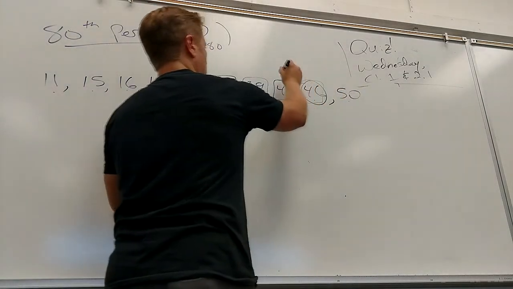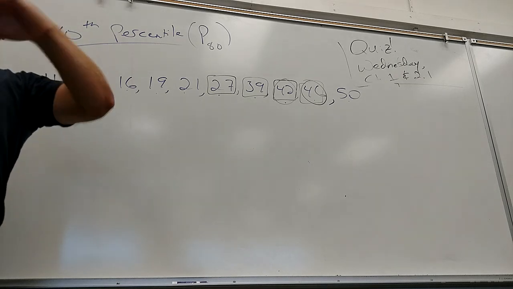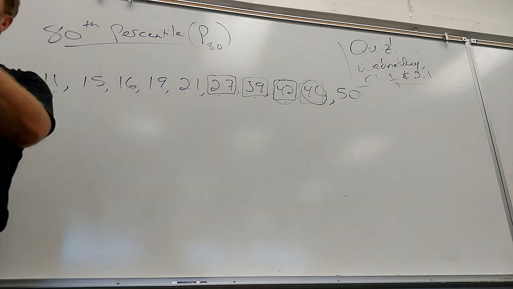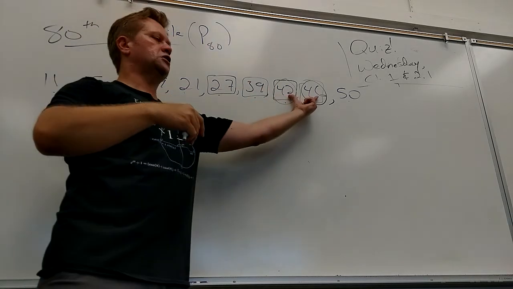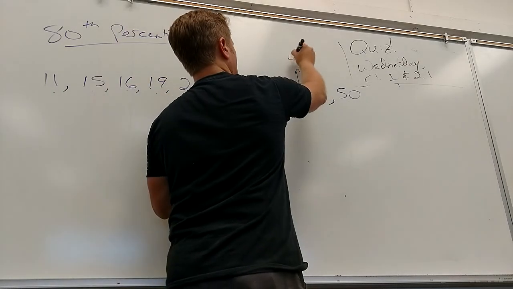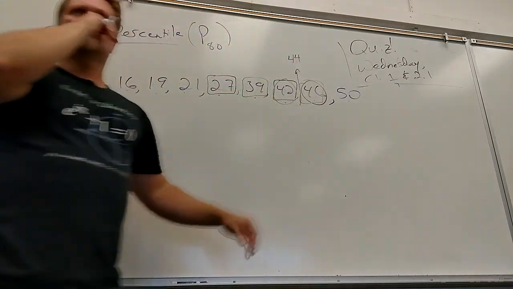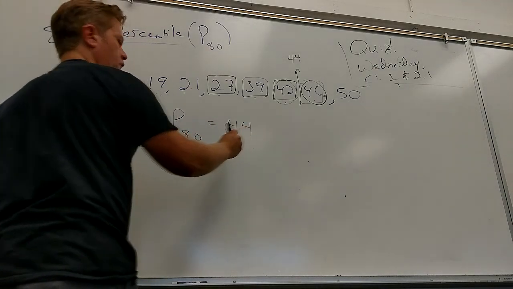So it seems like that should be the right answer. And in a way, they're both right. But what's the one number that has 8 below it and 2 above it? 44. Beautiful. It's got to be the average of these 2. So P80 for this list of data would be 44.